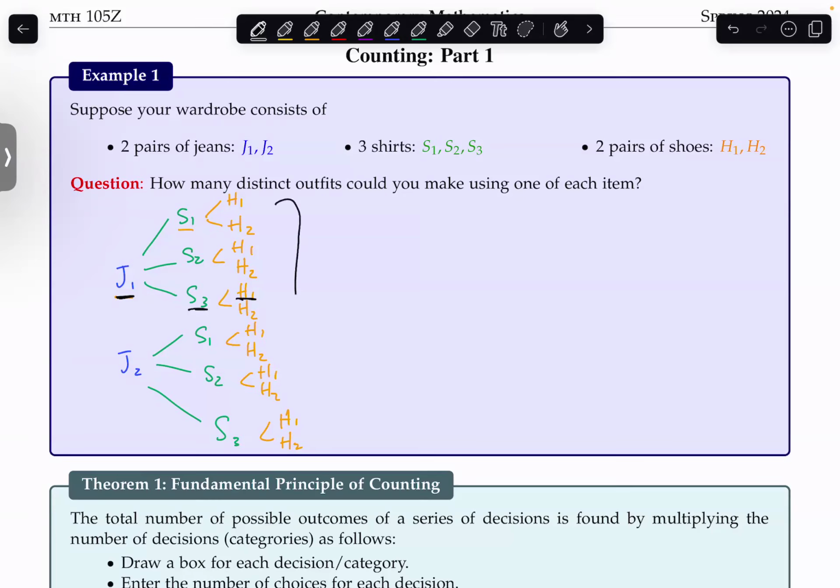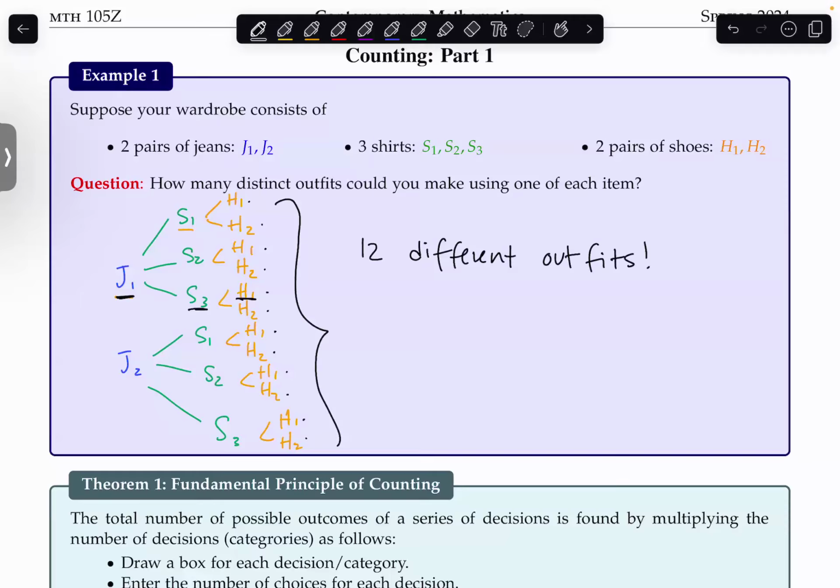And so if I count all of the different choices I have here, this is the total number of distinct outfits I could make, right? There's no repetitions here, and there's no other options that I could have made. And if I count these up, I'll get 1, 2, 3, 4, 5, 6, 7, 8, 9, 10, 11, 12 options. So 12 different outfits that I could make.